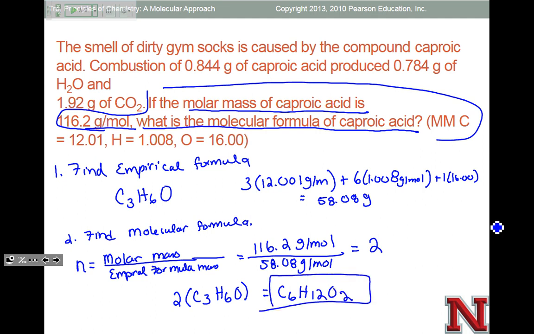And again, if you take this and calculate the molar mass, it should equal your molar mass. So you have ways you can check yourself. So make sure that you can work to get to the empirical formula of C3H6O. And again, I'll put the answer, the work up, but try to do it on your own.